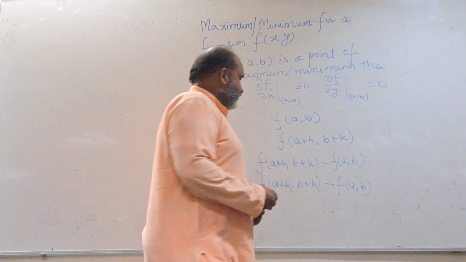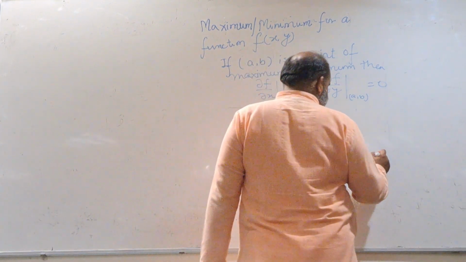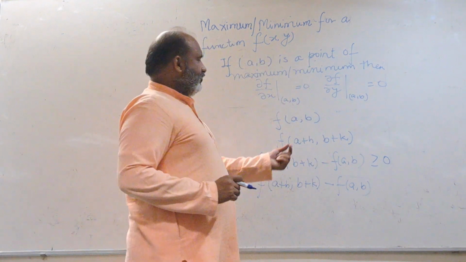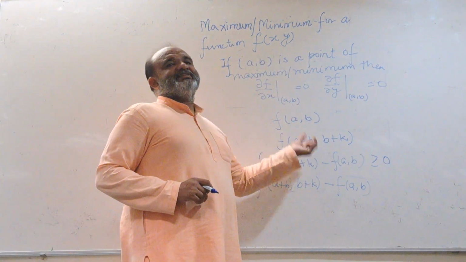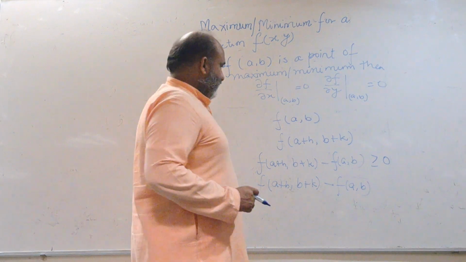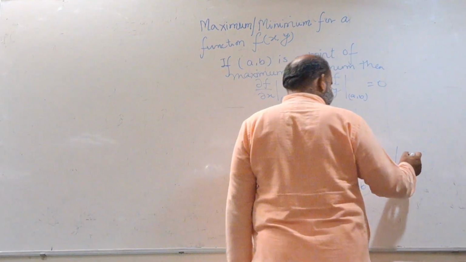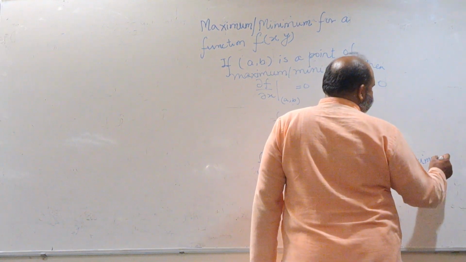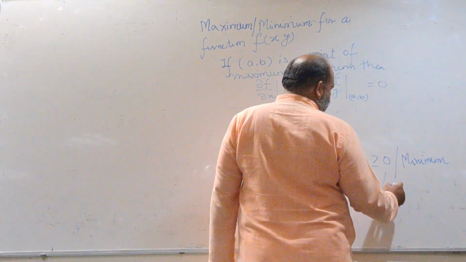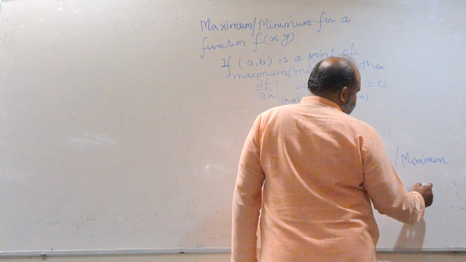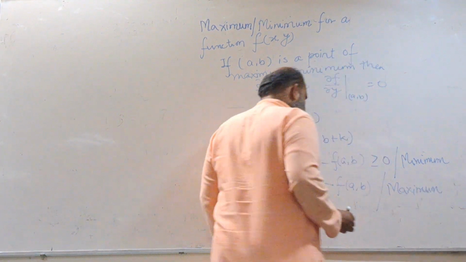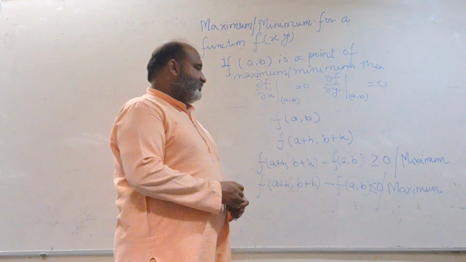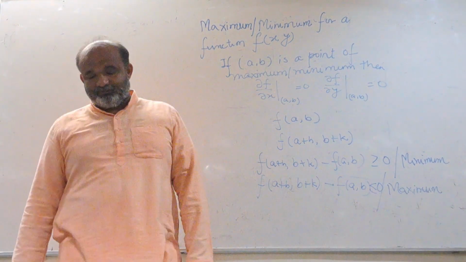So if this is always greater than or equal to 0 for some existing values of h and k, then it is a case of minimum. Otherwise, if it is less than or equal to 0, then this is a case of a point of maximum.